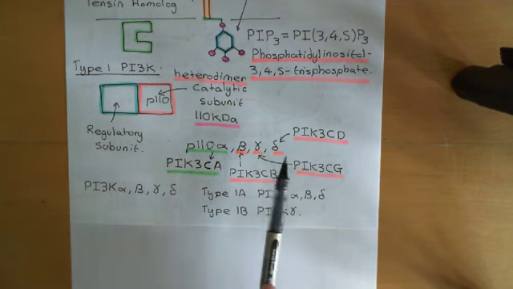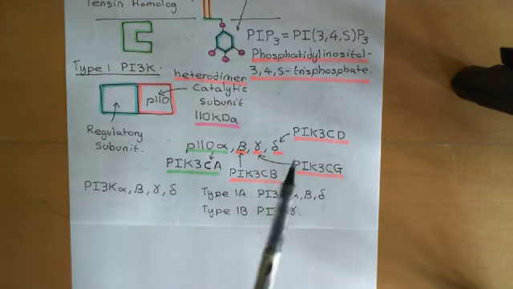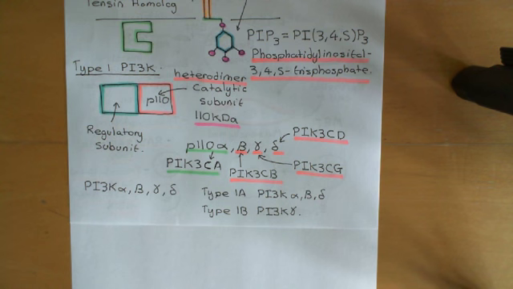So A for alpha, B for beta, G for gamma, and D for delta. Okay, right. We've then discussed that the type 1 PI3 kinase is named after what catalytic subunit it's made out of. So there are PI3 kinase alpha, beta, gamma, delta, corresponding to the 4 different catalytic subunits that you can use to build your type 1 PI3 kinase.